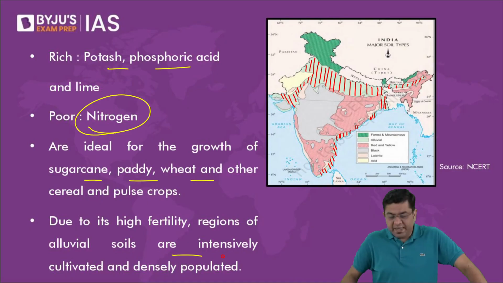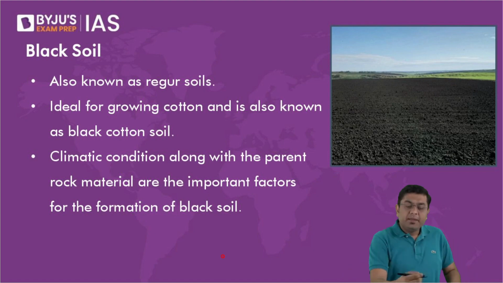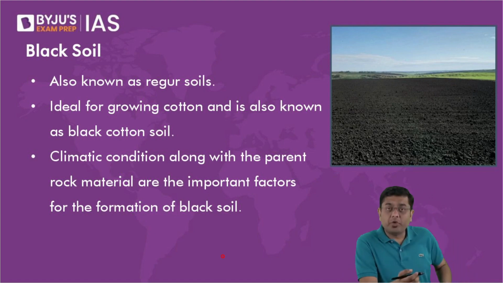Okay, now then we come over to black soil. So when we talk about black soil, they are also referred to as regur soil or the cotton soil, because they end up supporting the growth of the cotton crop. But this black soil is formed by the degradation or the weathering of the flood basalt, right?